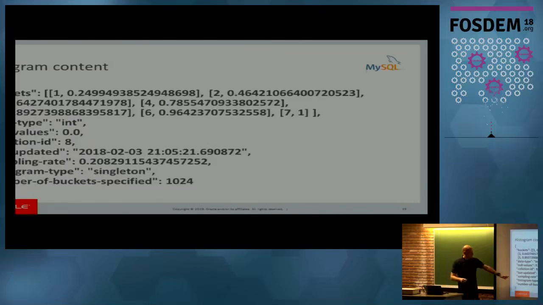That's why it stores the original specification. Because if this is a singleton, it only has 7 buckets. But if you specified it with 1024 and the data has later changed, you may want it to still be a singleton, for example.